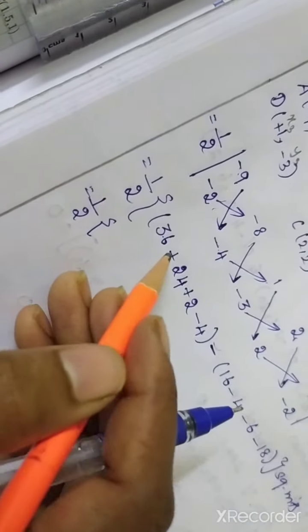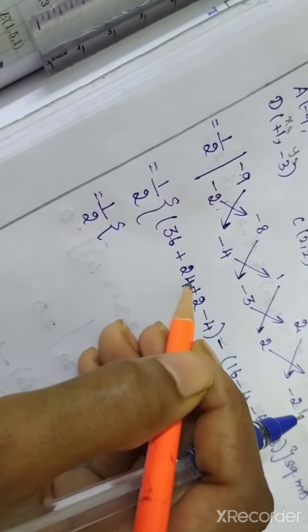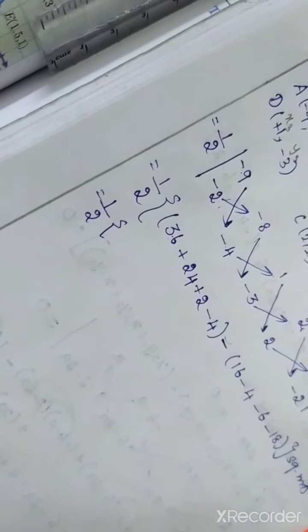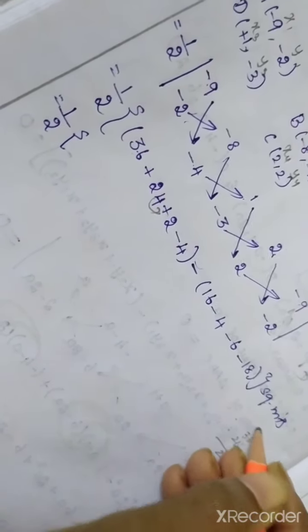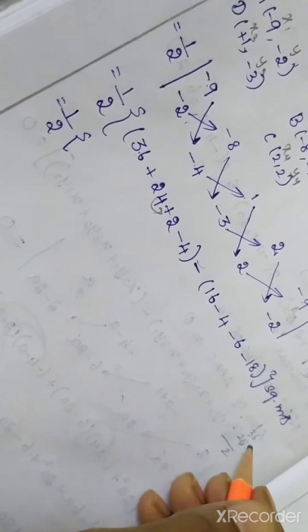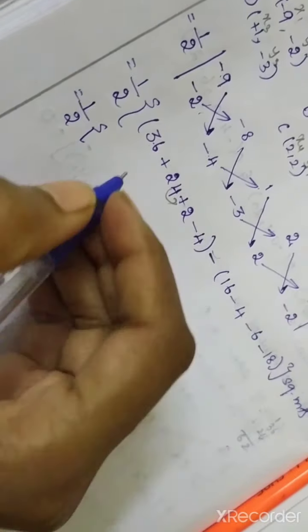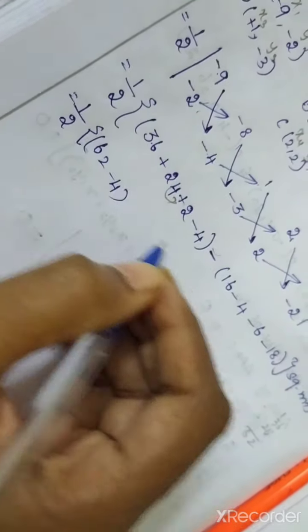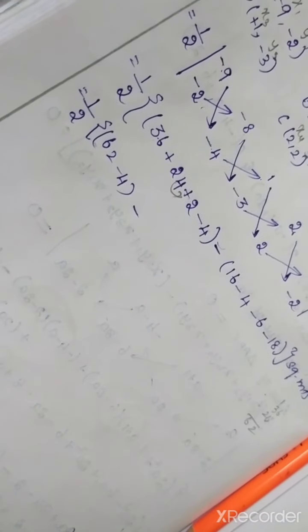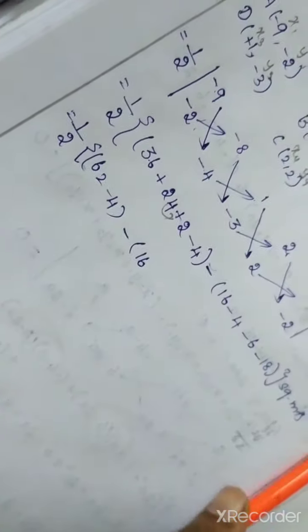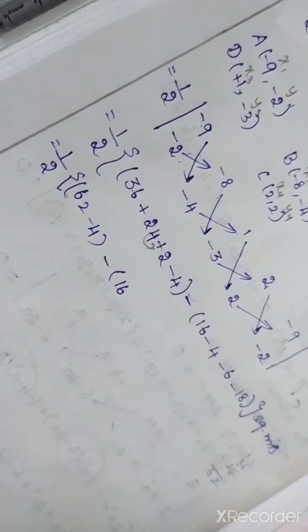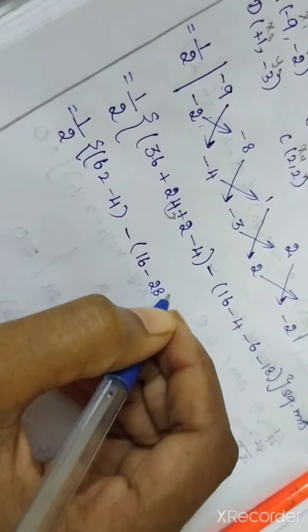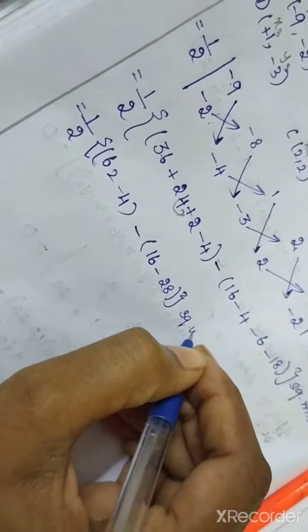Adding these numbers, 36. If you want to remove 4, it's okay, later on you can also remove this. 36, and this is 26. Addition of this is 26, so 62 minus 4. Subtracting, I am having 16. All the terms are minus 4, minus 6, minus 10, minus 18, minus 28 square units.